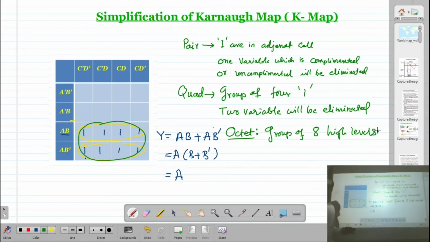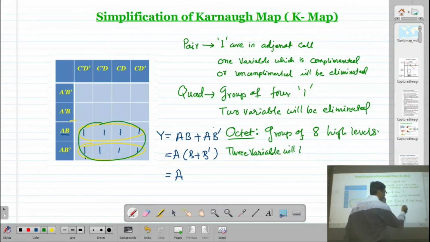Whenever you have a group of 8 high levels, then 3 variables will be eliminated.